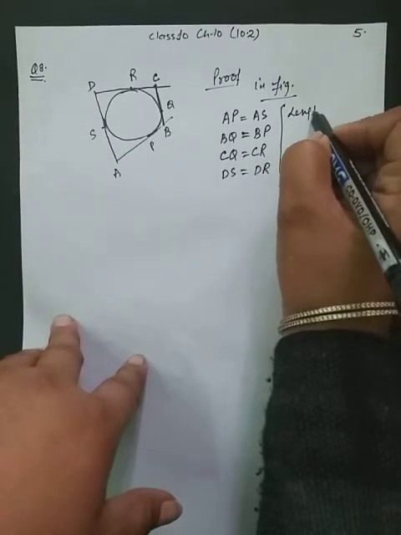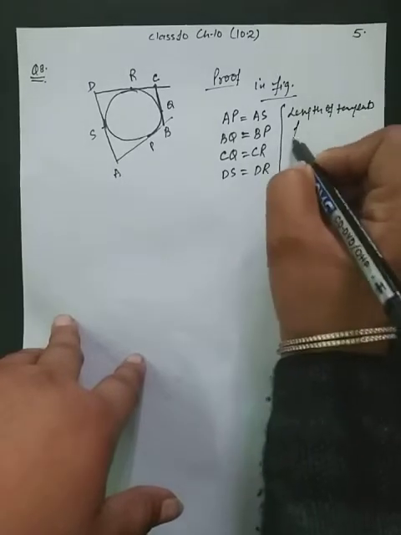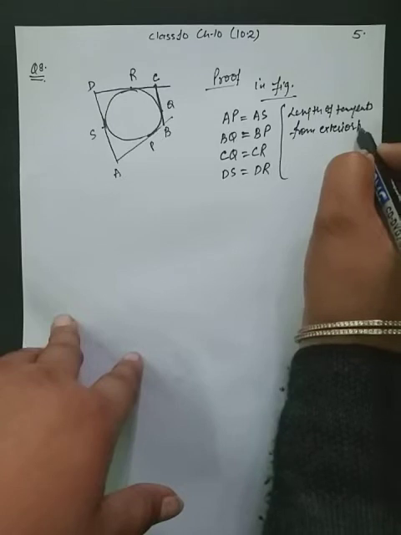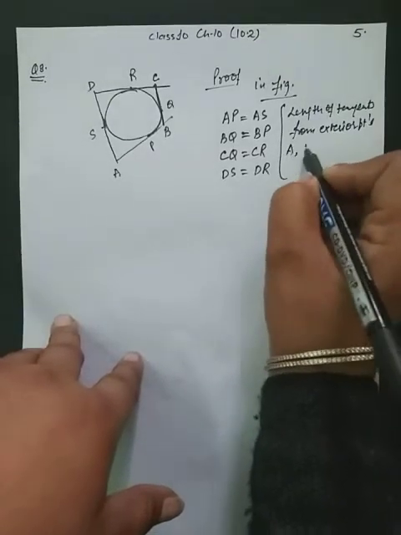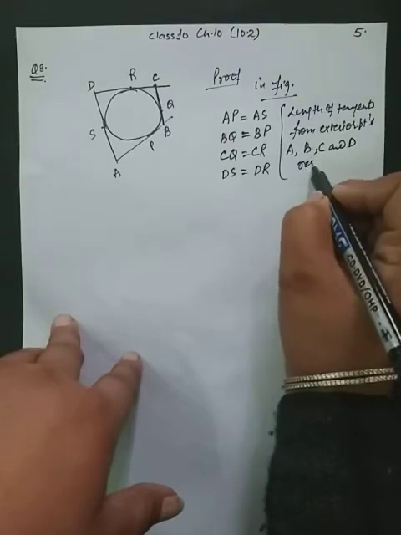Length of tangent from exterior points A, B, C and D respectively.